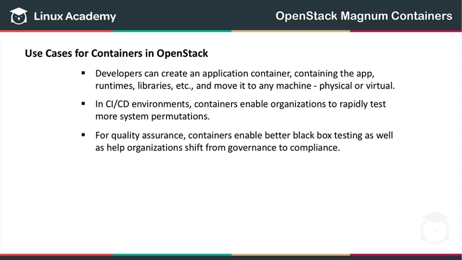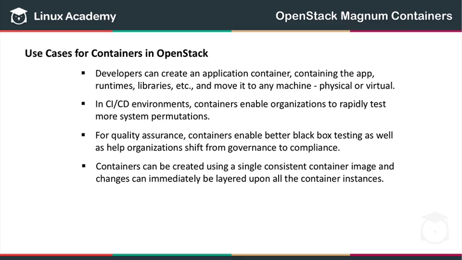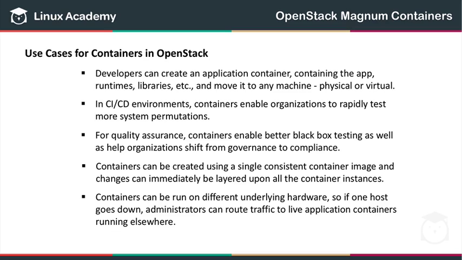For quality assurance, containers enable better black box testing, as well as help organizations shift from governance to compliance. Containers can be created using a single consistent container image, and changes can immediately be layered upon all the container instances. Containers can be run on different underlying hardware, so if one host goes down, administrators can route traffic to live application containers running elsewhere.